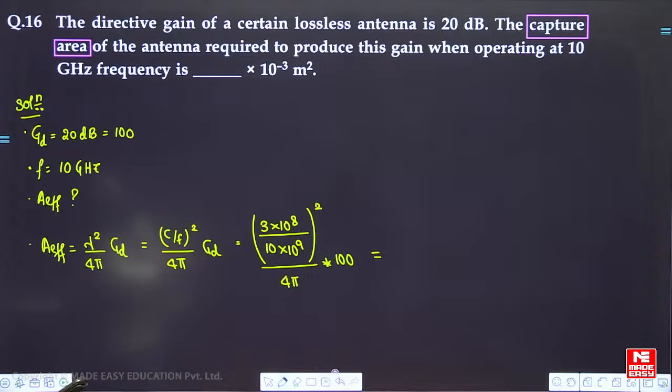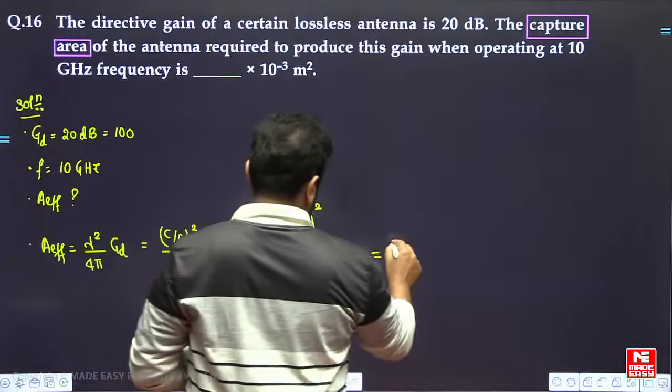So (3 to the power 8 divided by 10 to the power 9) whole square divided by 4 pi into 100. 1 2, this is in 10 to the power minus 3, 1 2 3, 7.16 meter square.